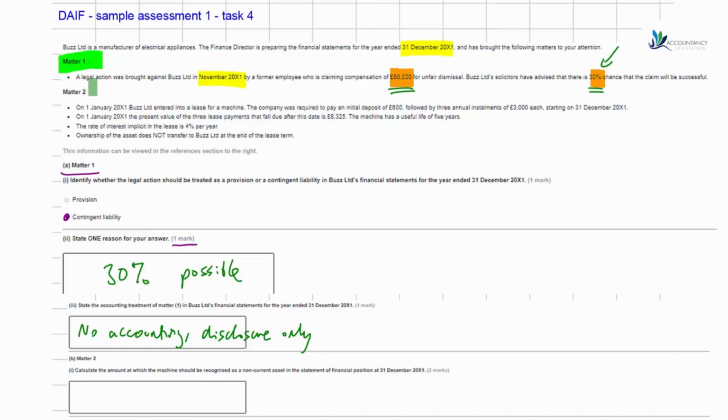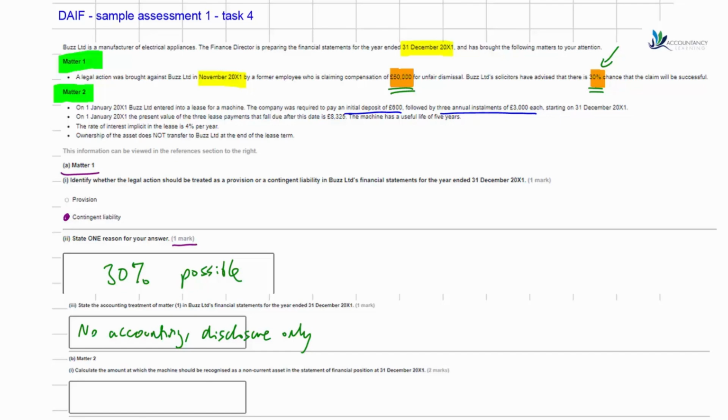So let's move on to matter 2 now. On the 1st of January 20X1, so that's a whole year before our reporting date, Buzz Limited entered into a lease for a machine. Remember that leases are covered by IFRS 16. The company was required to pay an initial deposit of £600, followed by 3 annual instalments of £3,000 each, starting on the 31st of December 20X1.